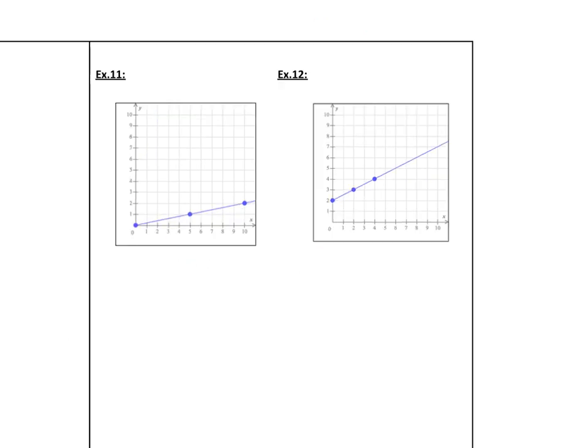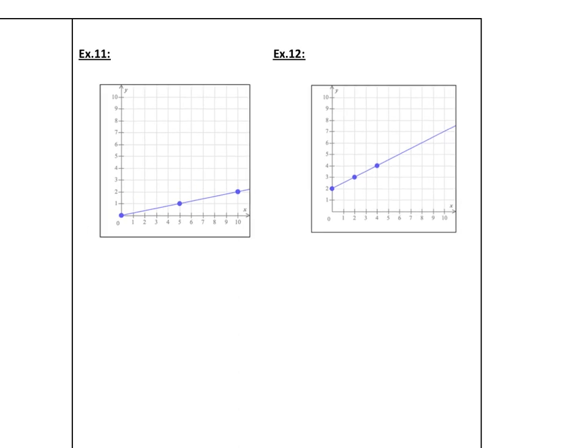Okay, so now you take these two. Are they both proportional? Is only one of them proportional, or none of them? And then defend which one is proportional and why, or which one is not proportional and why not. Okay, finish this up. This is pretty much your quiz on this.